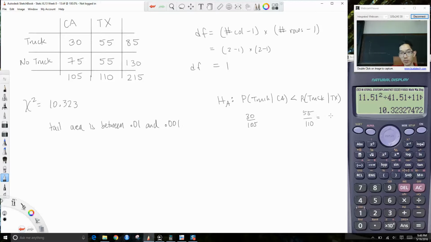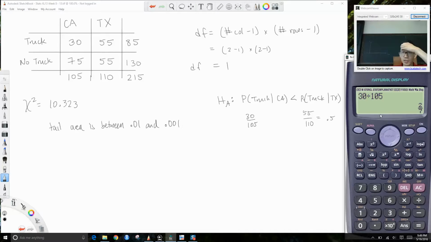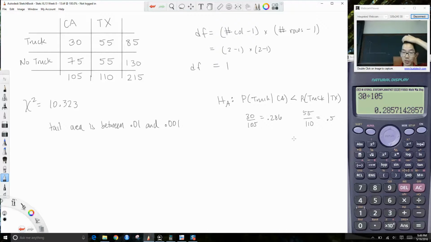This is 0.5, and 30 over 105 is about 28%, 0.286. So our directionality is met.